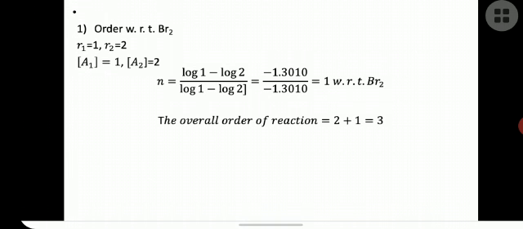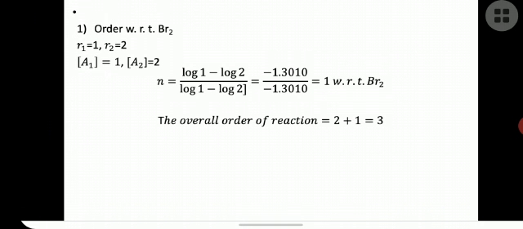In this case also, R1 is equal to 1, R2 is equal to 2. Therefore, the initial concentration A1 is equal to 1 and A2 is equal to 2. By substituting this value in the above equation, we get N is equal to log of 1 minus log of 2 divided by log of 1 minus log of 2.